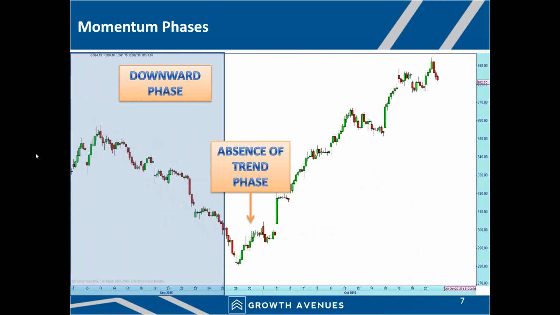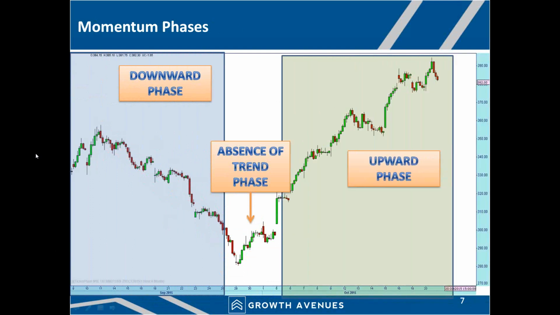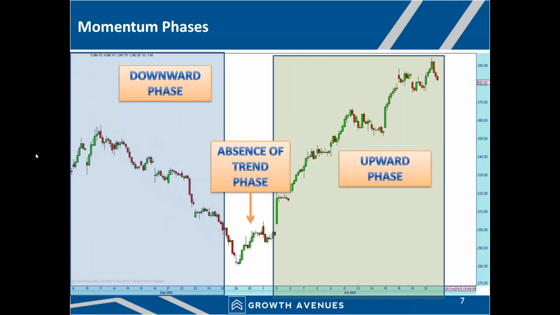So a downtrend is what I'm referring to as downward phase, and an absence of trend, which is the sideways or consolidation as people say, and this is an upward phase. So these are the three phases of any trend. So that's what one needs to understand when one looks at the chart.